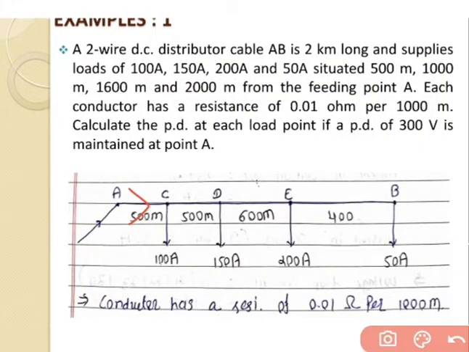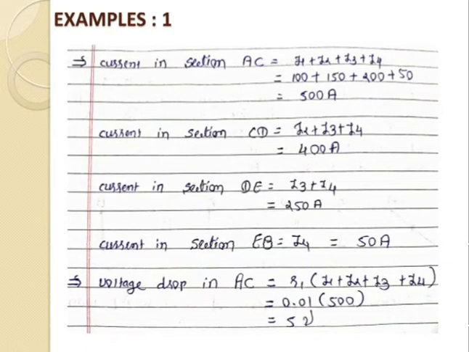There are 4 currents, I1, I2, I3 and I4, flowing through the AC section. So I1 plus I2 plus I3 plus I4, where I1 is 100, I2 is 150, I3 is 200 ampere and I4 is 50 ampere. So we get the current in section AC equal to 500 ampere.